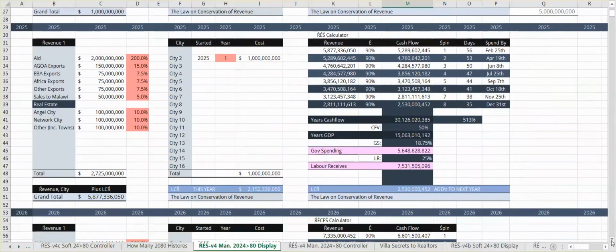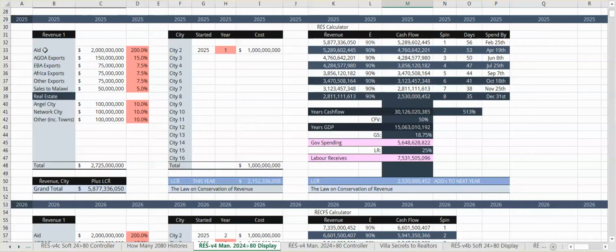Now we have revenue aid, revenue exports, revenue real estate sold, and revenue entire city developments started. These are added to the LCR, which we'll cover in a little while, and create a grand total of all revenue, which then gets put at the beginning of the RES calculator.